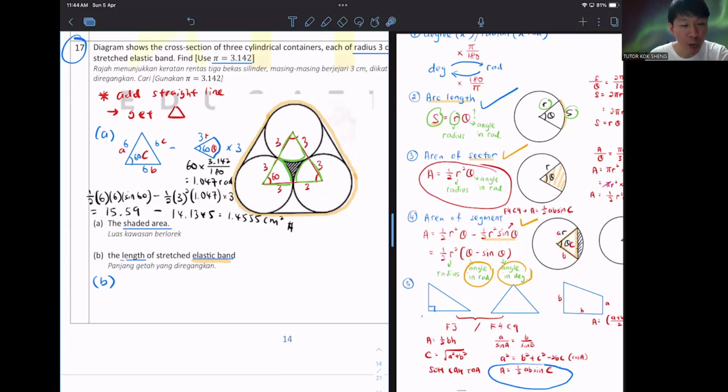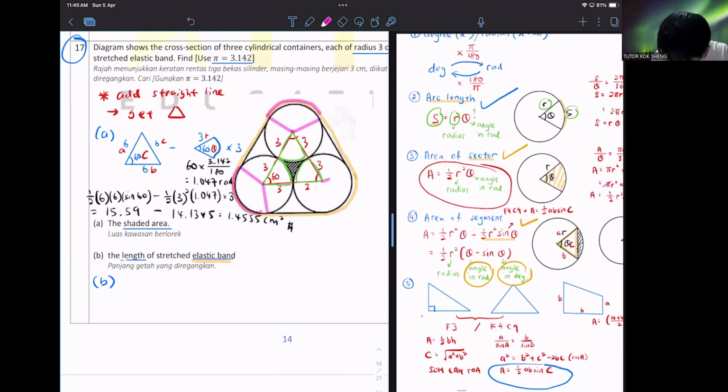Okay, so this length of the band is actually formed by three arc lengths and three straight lines. Three arc lengths: from the circle here to here is an arc length. Here to here is the arc length.